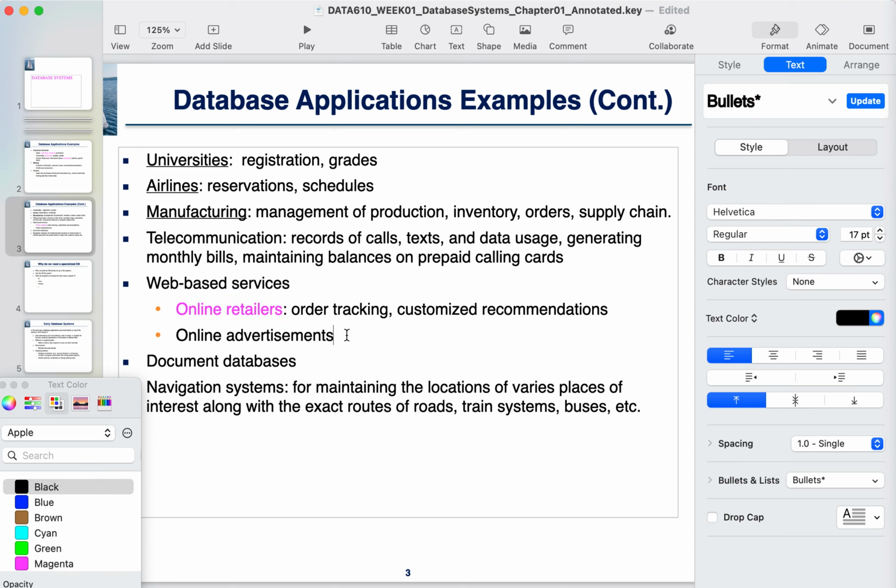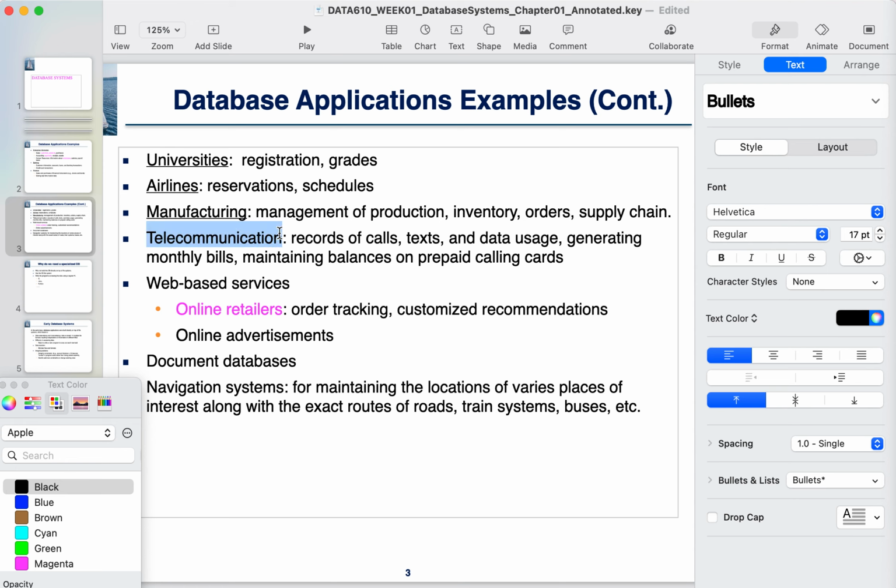Online retailers like Amazon.com, and many retailers have a website like Walmart, and even grocery stores would have online shopping. So for orders online and for customized recommendations, databases are used. Anyone else?